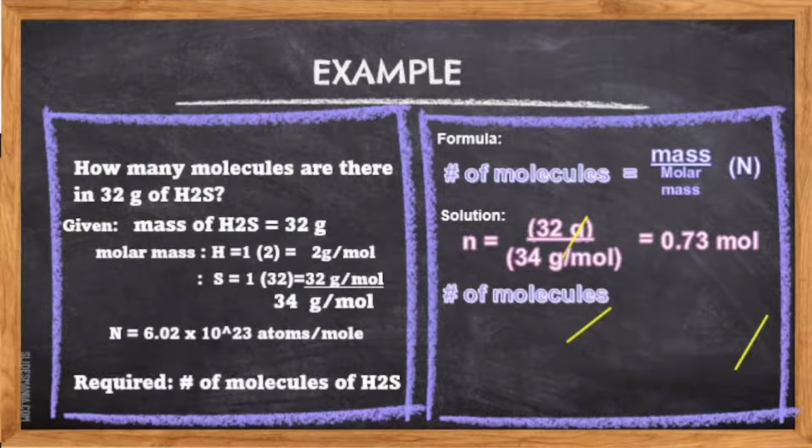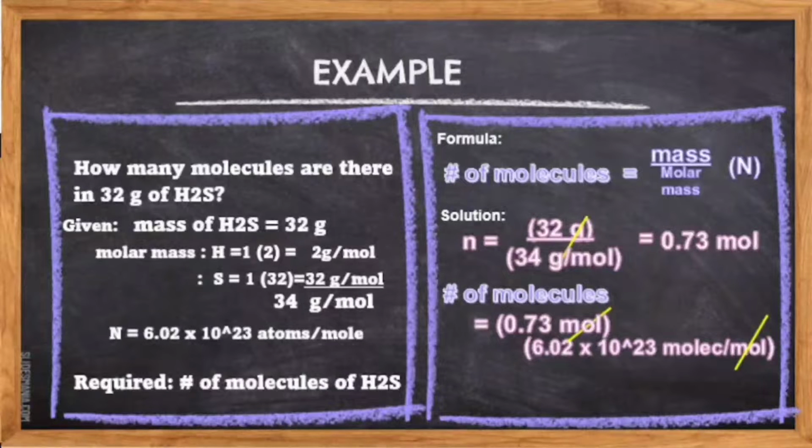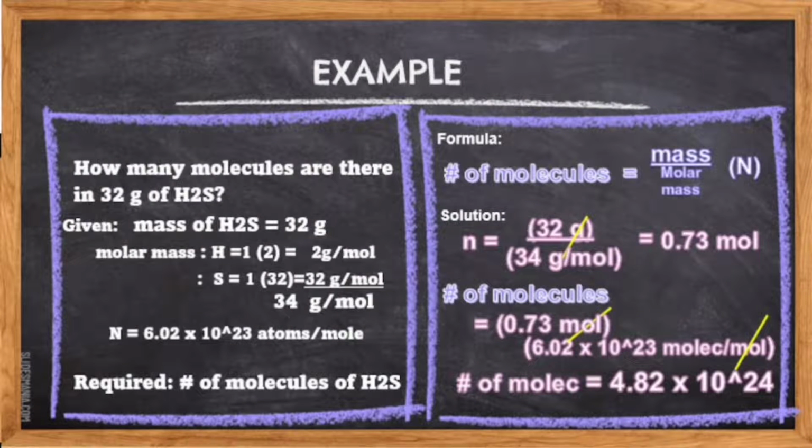To get the number of molecules, 0.73 moles times 6.02 times 10 raised to 23 molecules. Cancel the mole and you will get 4.82 times 10 raised to 24 molecules.